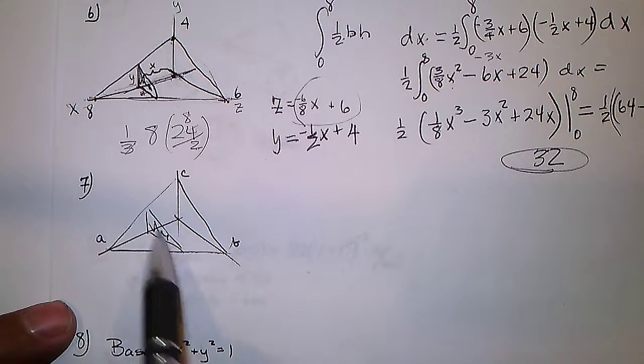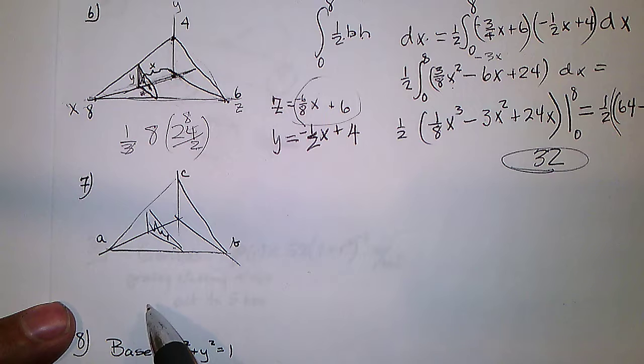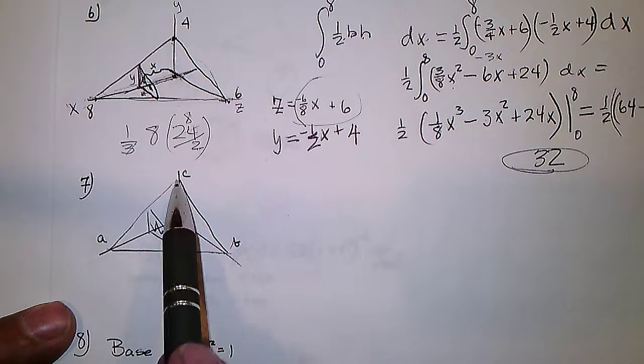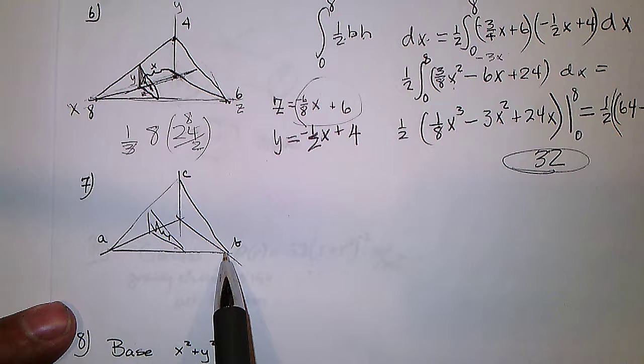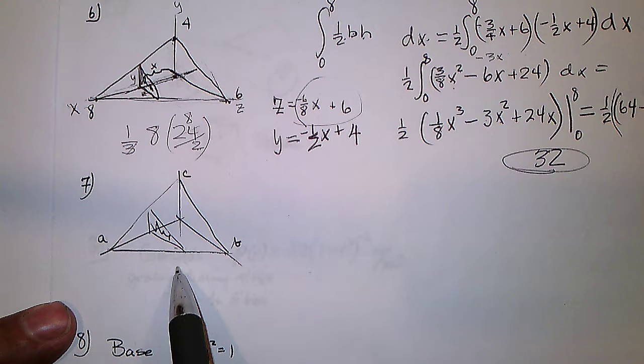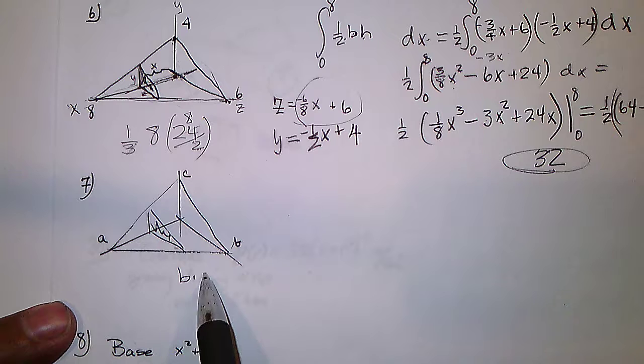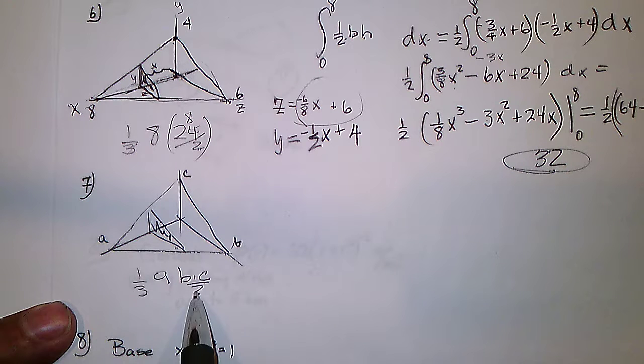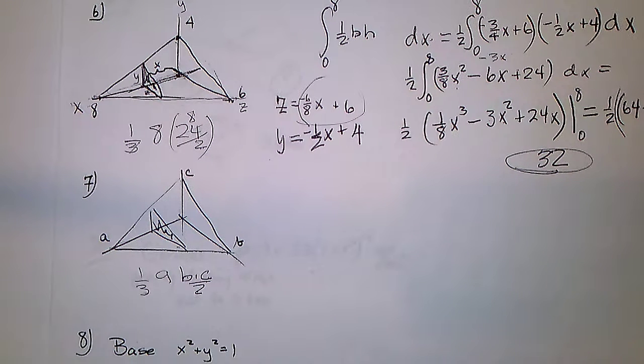So now if we do it on this one, just like we had before, it should be B times C times a half times A times 1/3. So it should be 1/6 of ABC.